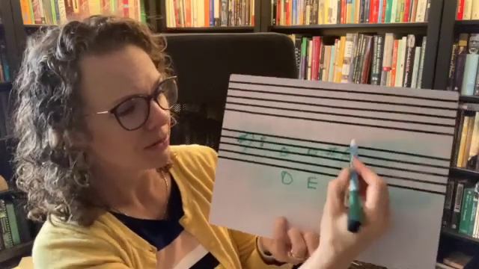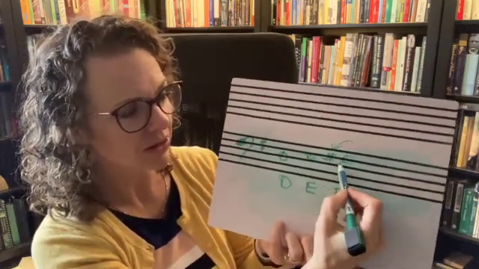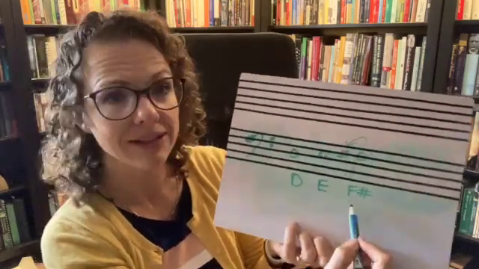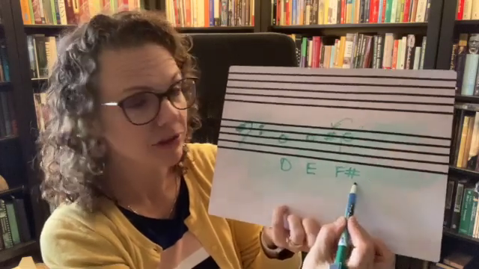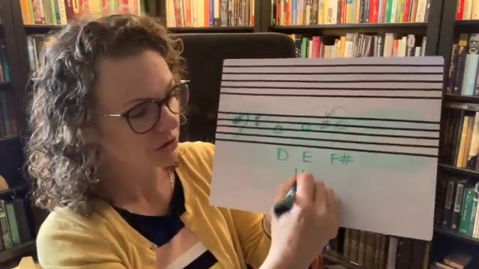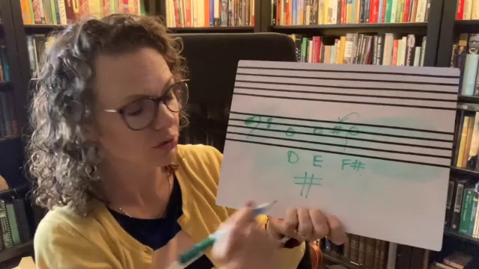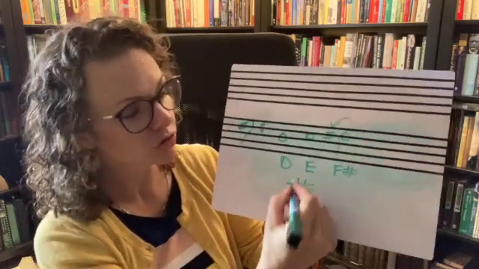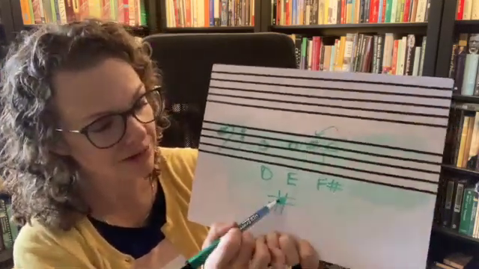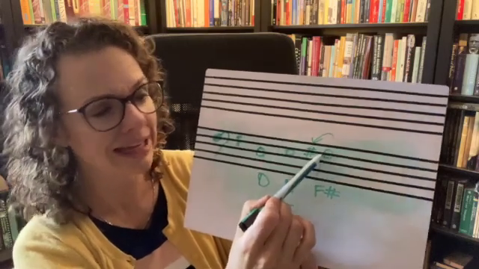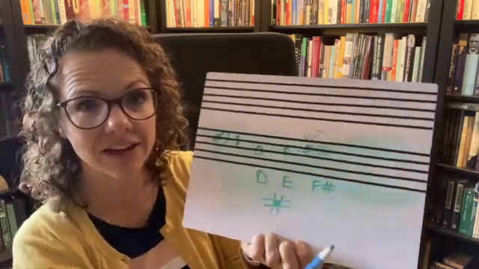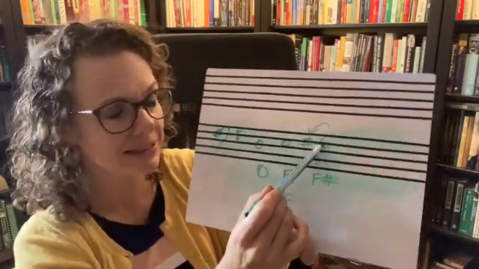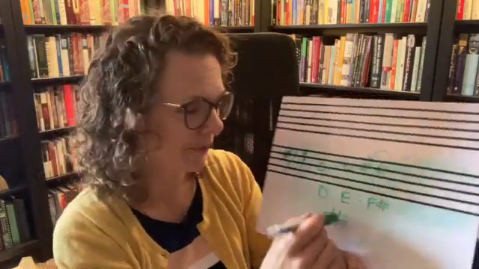So remember, the sharp goes in front of the note, but when you write the letter, it's F sharp. A sharp is just 2 lines side by side, 2 lines across. Make sure that this center box is on the line, because this is a line note, and it has to be on the same line as F.